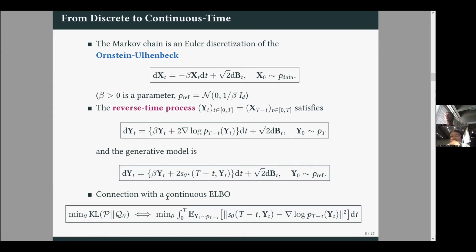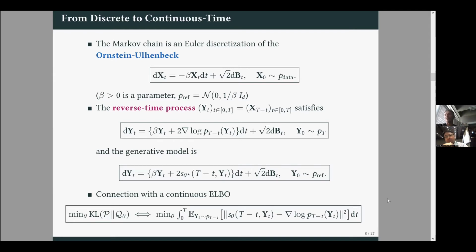I don't want to spend too much time on this, but this is just to tell you that there's an elegant continuous time formulation of this mechanism that justifies the terminology diffusion, and which can be useful when analyzing this type of algorithm theoretically.